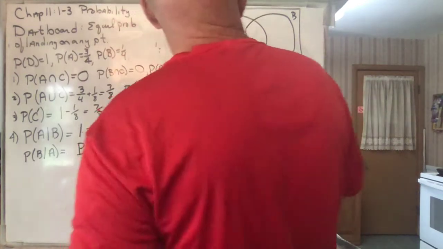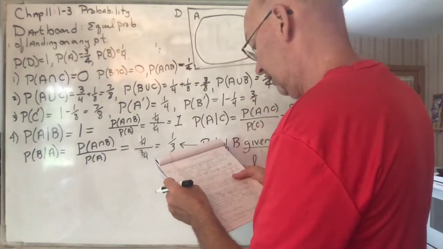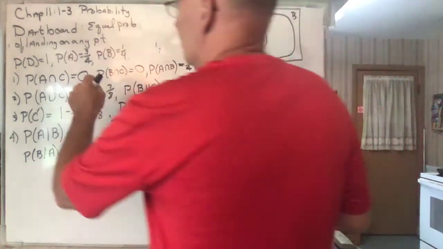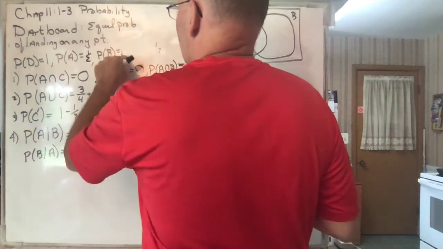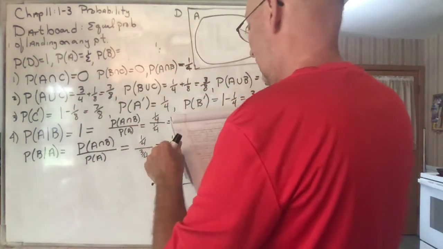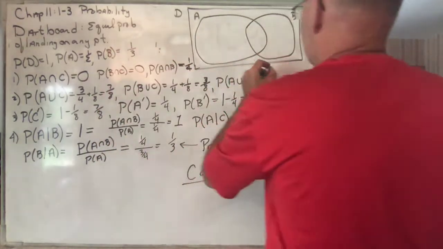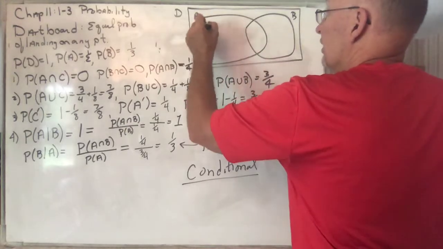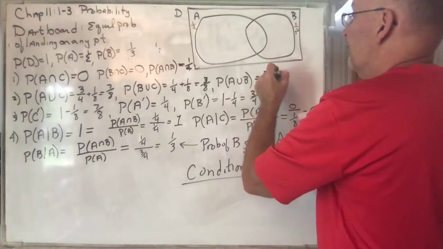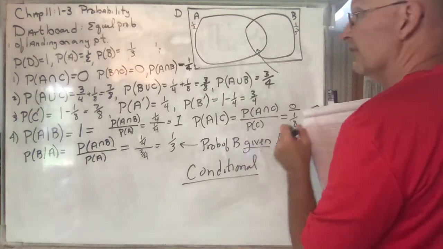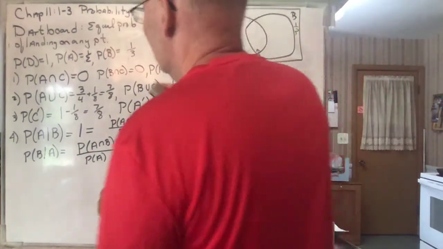So let's just kind of start over as we go. So the probability of being in A is now going to be 1/2. And the probability of being in B is now going to be 1/3. And this intersection, so here you have 1/2, here you have 1/3, and then this part in the middle, we're going to say is of A, let's see, I guess we might as well start over again.